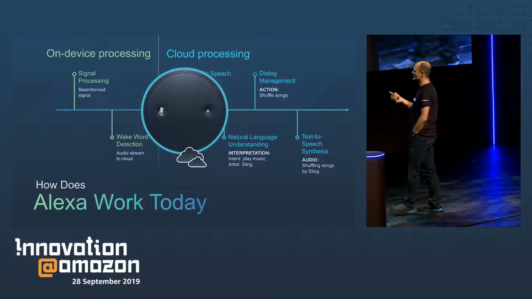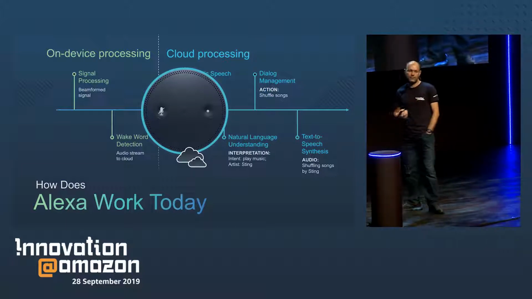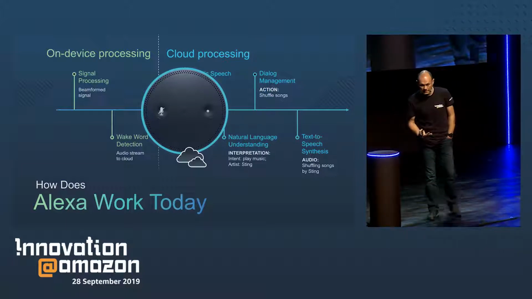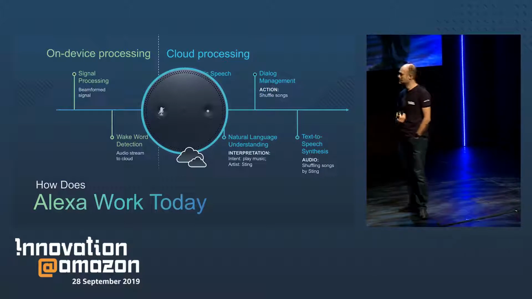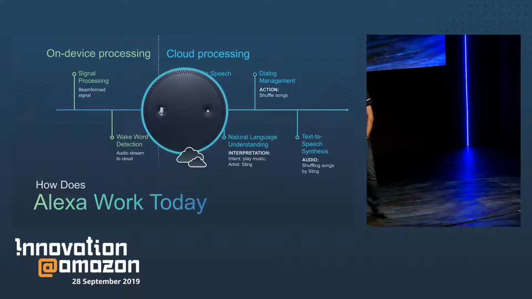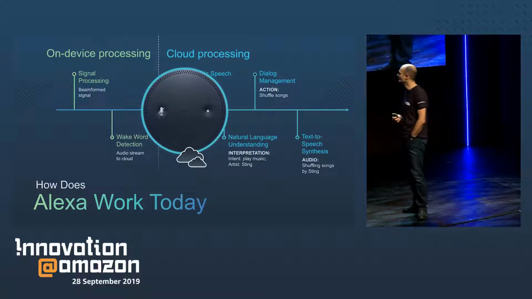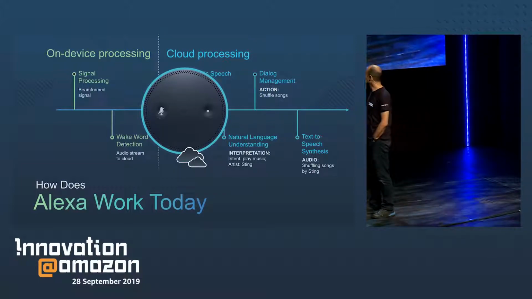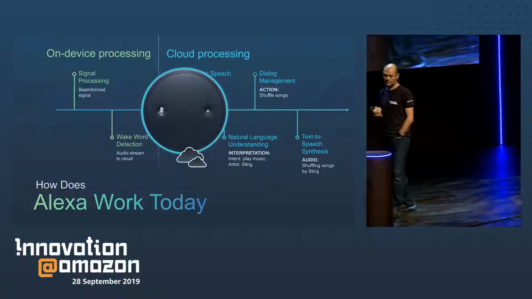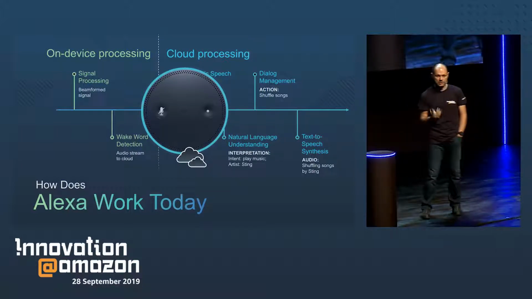We have a system called natural language understanding, where it tries to understand what you said when you talk to Alexa. Based on that, it will try to have some responses generated. We have a dialogue management system that tries to keep track of what you're speaking and take turns if you're having a dialogue. And finally, you have a text-to-speech system that tries to speak back the answer or the action that Alexa is doing.